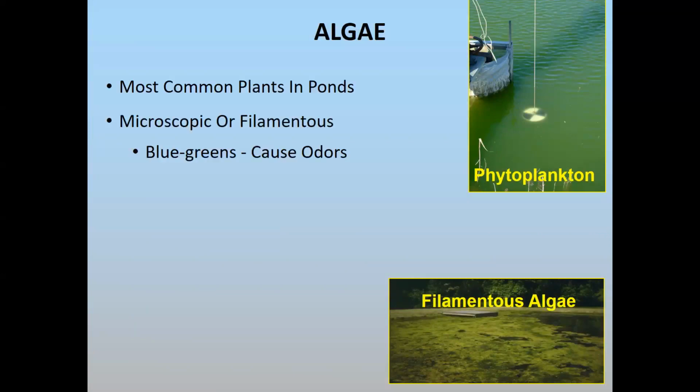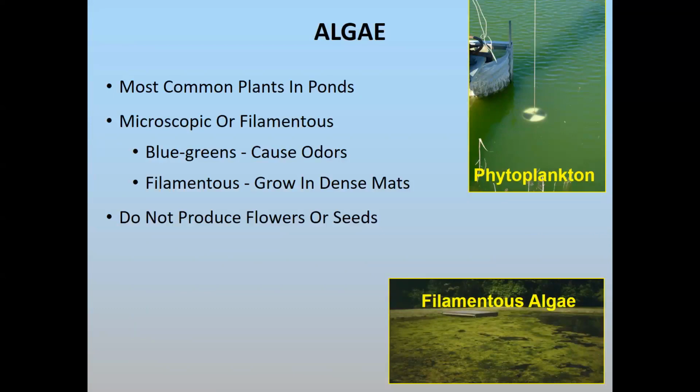So again, they're very common, and they can die off. And when these mats die off, they can create some intensive odor issues, but also can create an oxygen demand and may cause some issues with fish stress, if not actually causing mortality of fish.